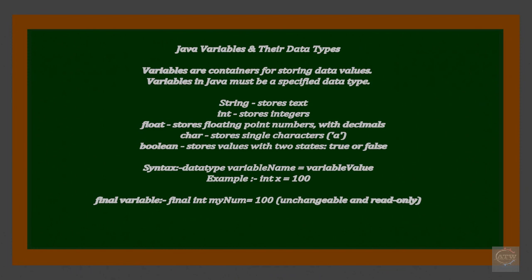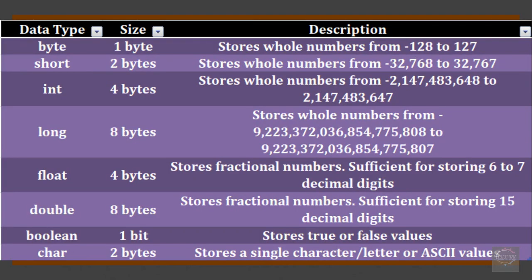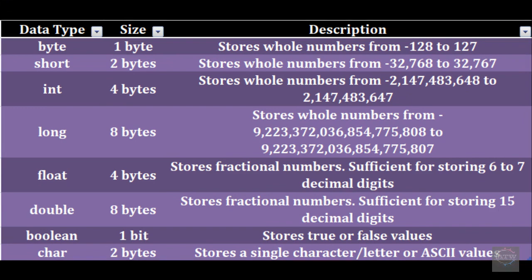Let's see one by one. The first one is byte, the second short, and the third int. These three belong to the integer category. These three can hold integer values. Only thing is a byte can hold less, then short a little more, and int a little more.